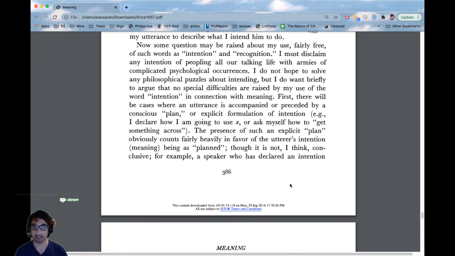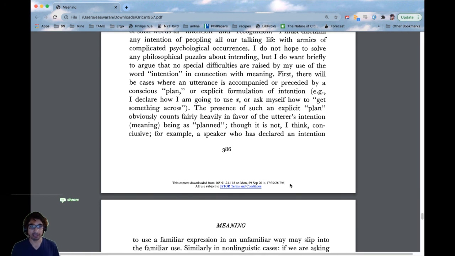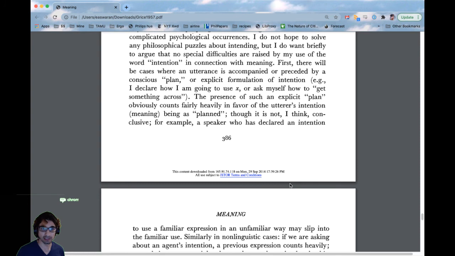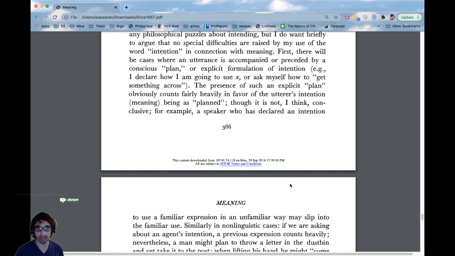And that's how Grice begins. Or someone who's trying to write a speech might think, what is the best way to get my audience to understand what it is I'm trying to say? And this is what all of us should be doing when we're writing. The presence of such an explicit plan obviously counts fairly heavily in favor of the utterer's intention, meaning being as planned, though it is not, I think, conclusive.